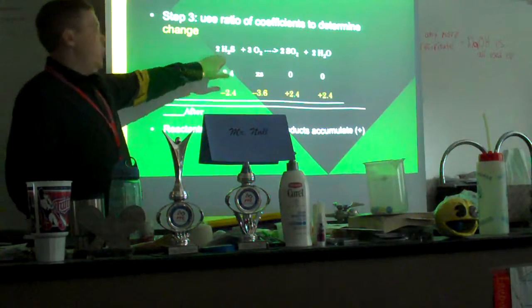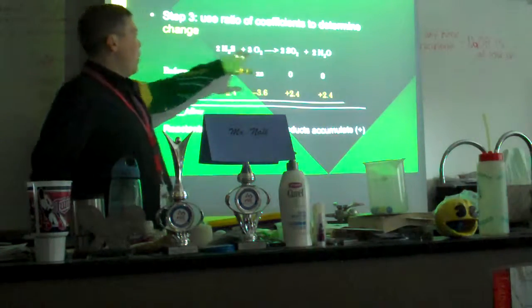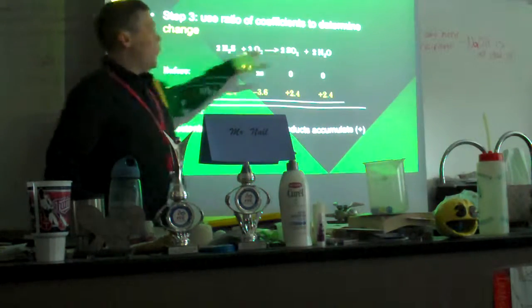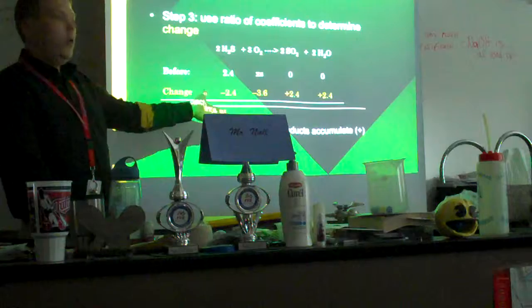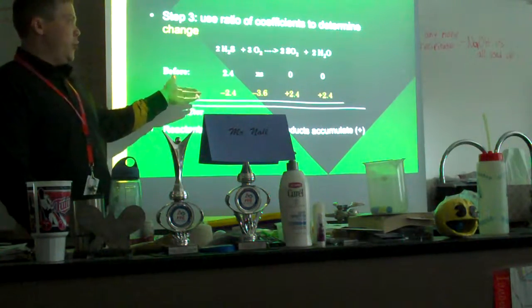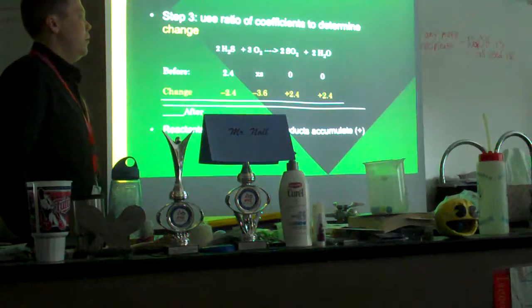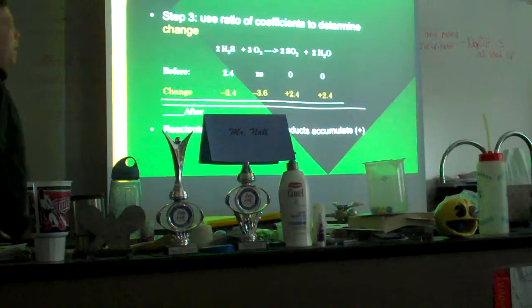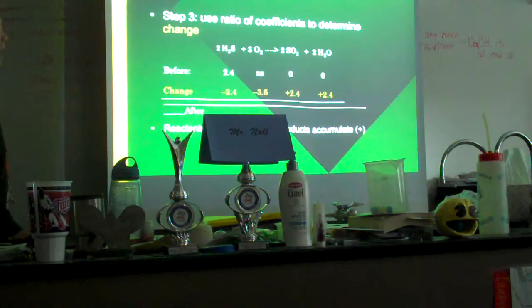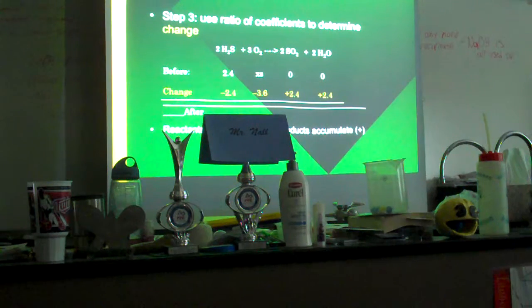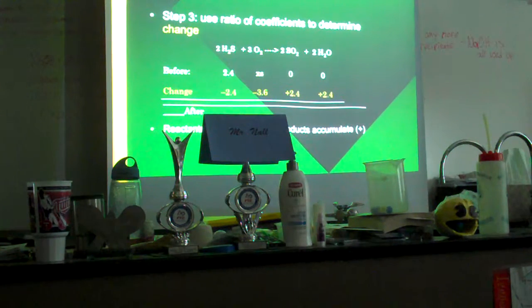Sulfur dioxide and H2S are the same ratio, 2 to 2. So if I lose 2.4 of H2S, I gain 2.4 of sulfur dioxide. If I lose 2.4 of hydrogen sulfide, I should also gain 2.4 moles of water. Reactants consumed, minus; products accumulated, plus.